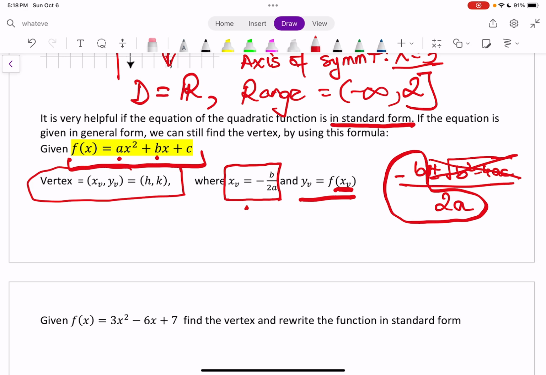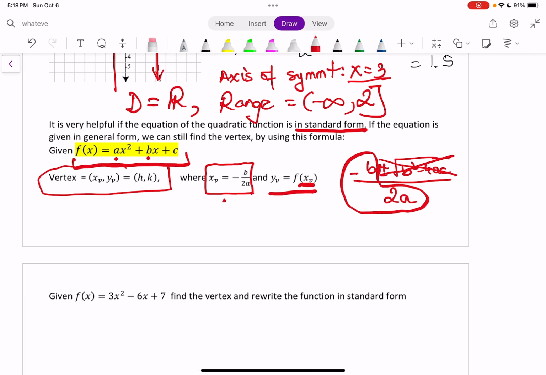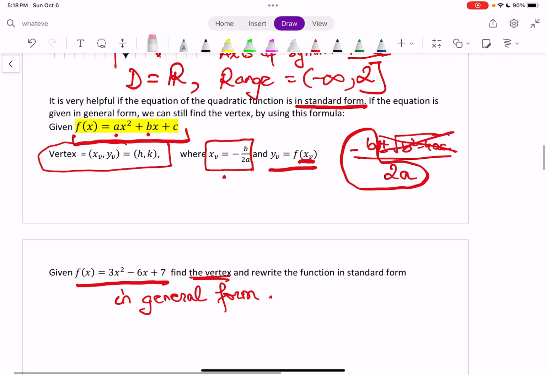So let's use it. Here is a quadratic function in general form. It says find the vertex, and then rewrite the function in standard form. So the formula above says that the x-coordinate of the vertex, which we've been calling h, is simply negative b over 2a.